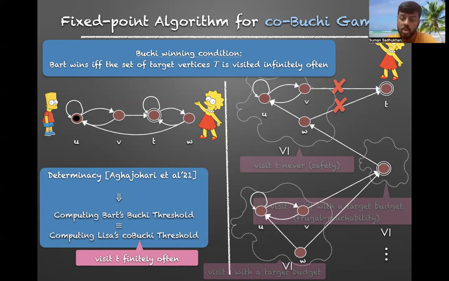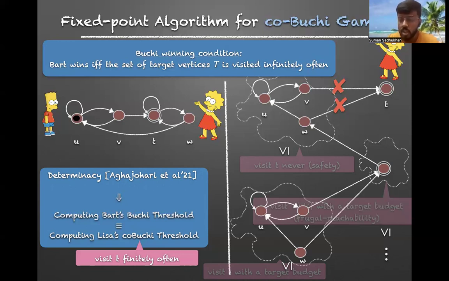If you want to make sure that the game doesn't go to T, you can pose the same problem as that the target budget at T was K plus 1. In the next game, the target budget at T was less than K plus 1. So the game is becoming easier for Lisa.